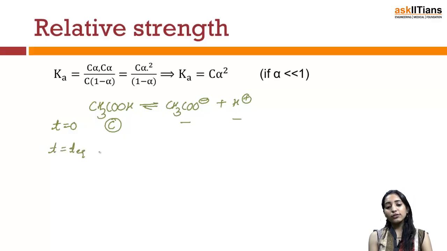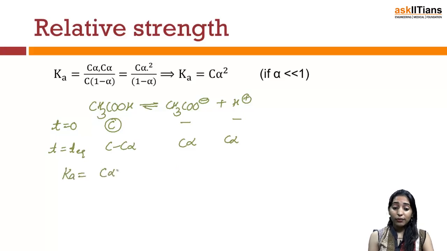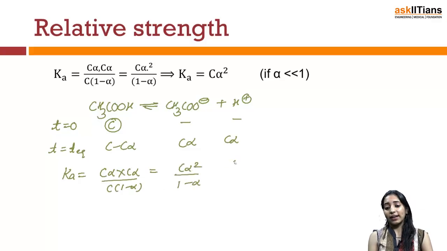Now at t equal to t equilibrium, if alpha is the degree of dissociation of the weak acid, this will be C minus C alpha, this will be C alpha and this will be C alpha. Now if I write down Ka, it is nothing but C alpha into C alpha by C(1 minus alpha). So it's C alpha square by 1 minus alpha.